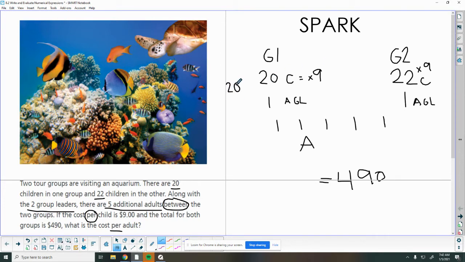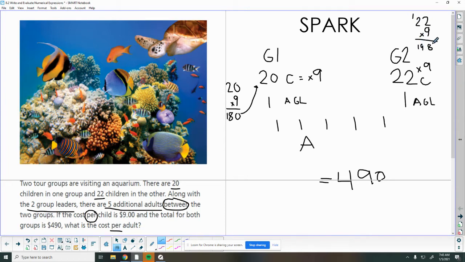So 20 times 9, so each of the children costs $9. So there's 0 and 18. So these children were $180. And then these children in this group, 2 times 9 is 18. 9 times 2 is 18 plus 1 is 19.